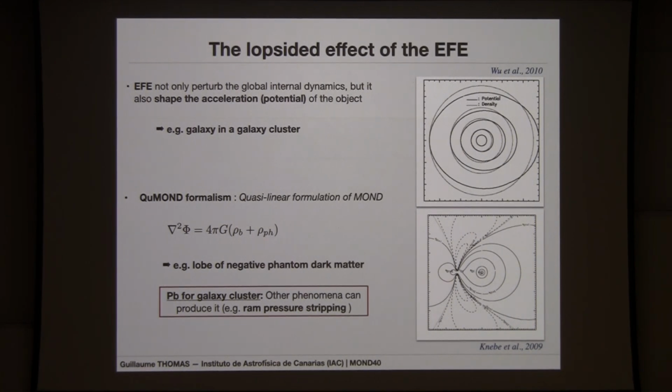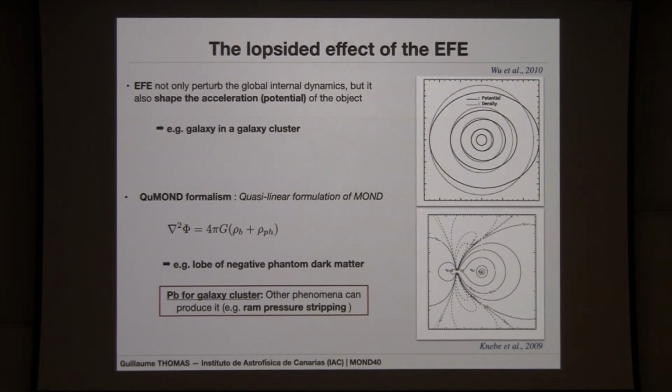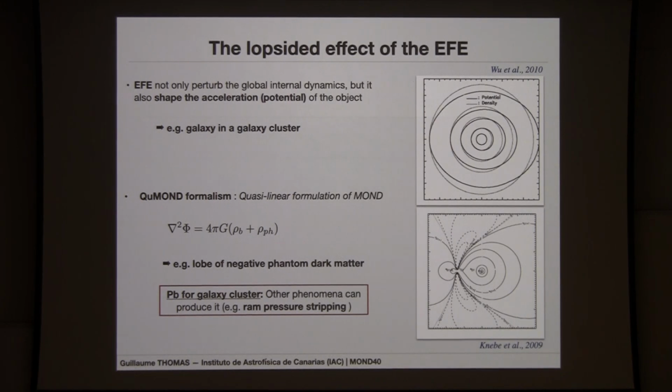So it will be extremely hard to differentiate the flattening or the lopsidedness of the potential generated by the external field effect from something due to ram pressure stripping or star formation, evolution, and so on.